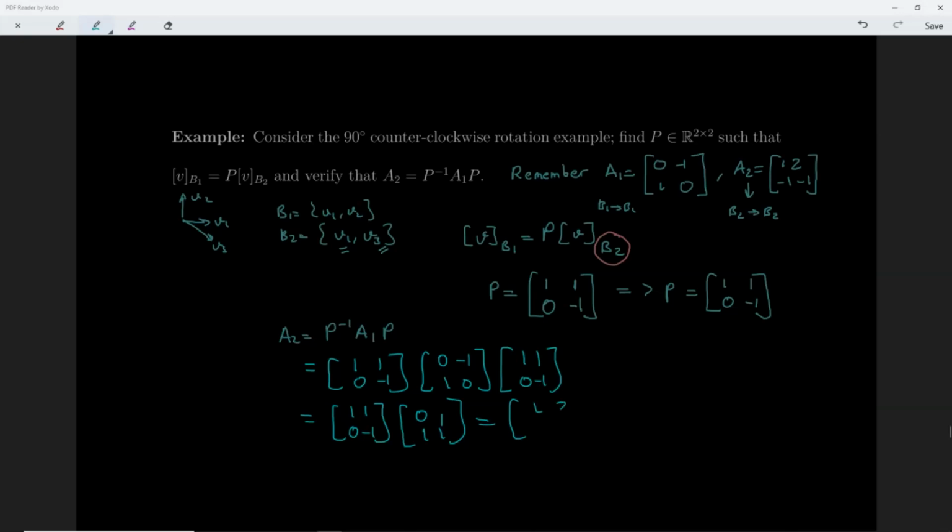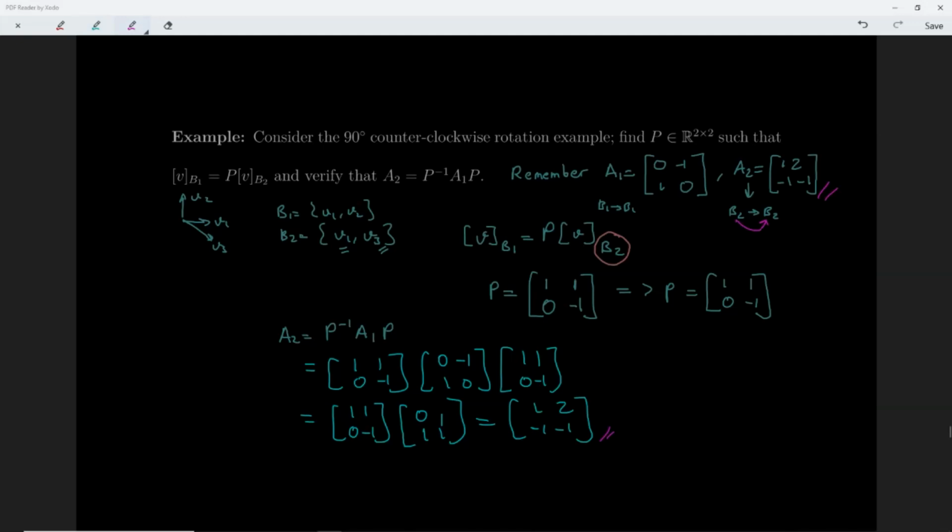There's 1 2, and that will be the minus of this guy, minus 1 minus 1. And as you see, that is the same as what we have found for A2 by directly computing the transformation matrix from B2 to B2.